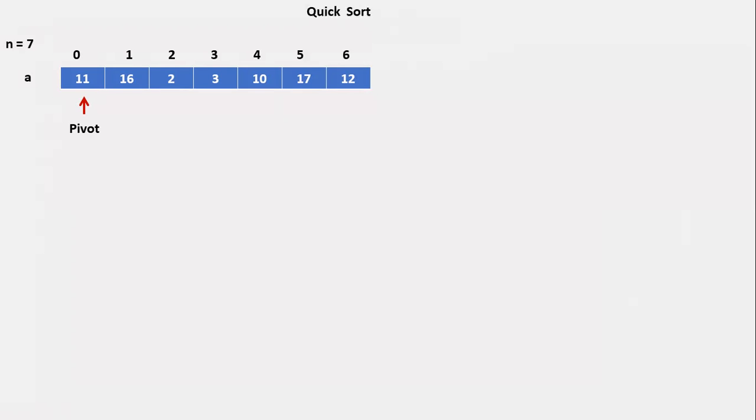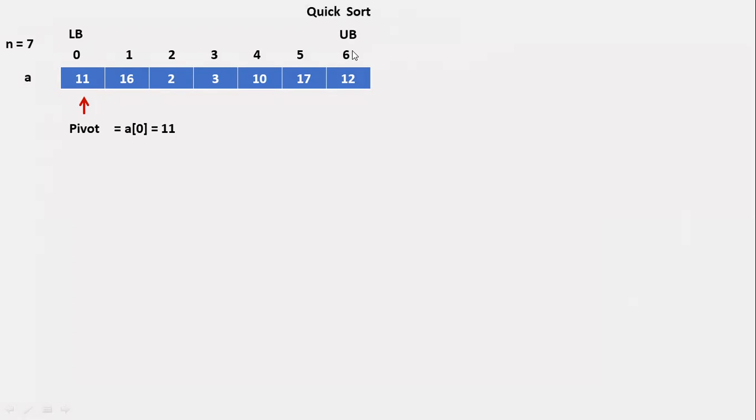If the name of the array is A, the pivot element is A of 0, that is 11. This is my lower bound and this is my upper bound. So the lower bound value is 0 and the upper bound value is 6.